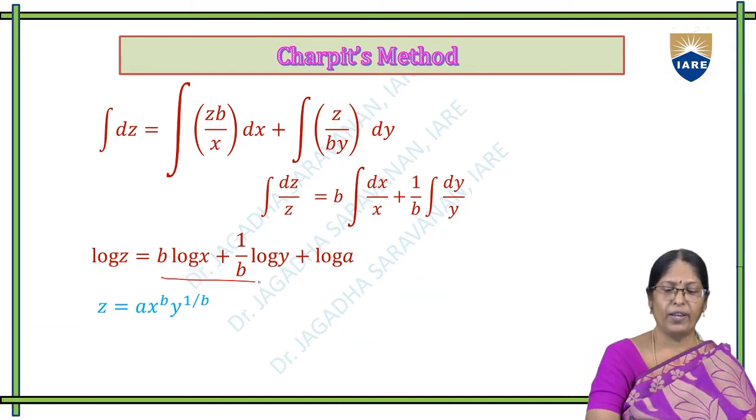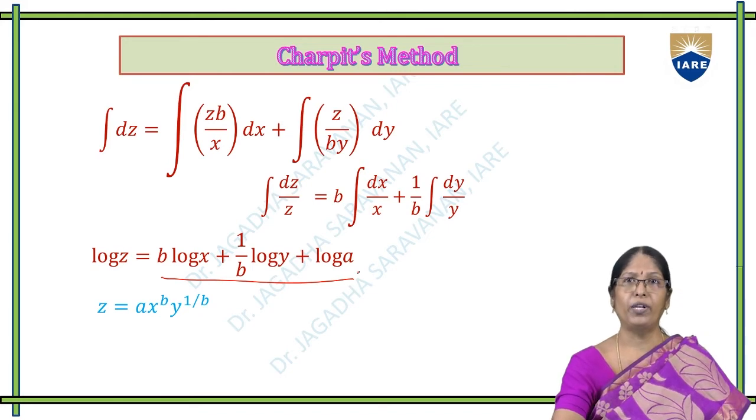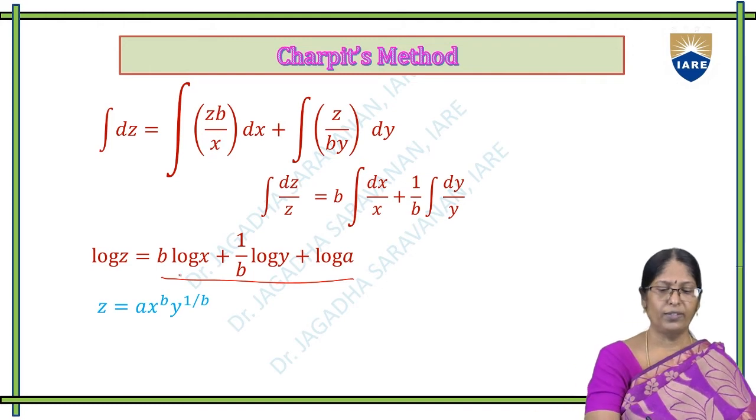This is the logarithmic formula: log a plus log b plus log c we can write as log of abc. In a similar way, this is x power b, and this also we can write as y power 1 by b.